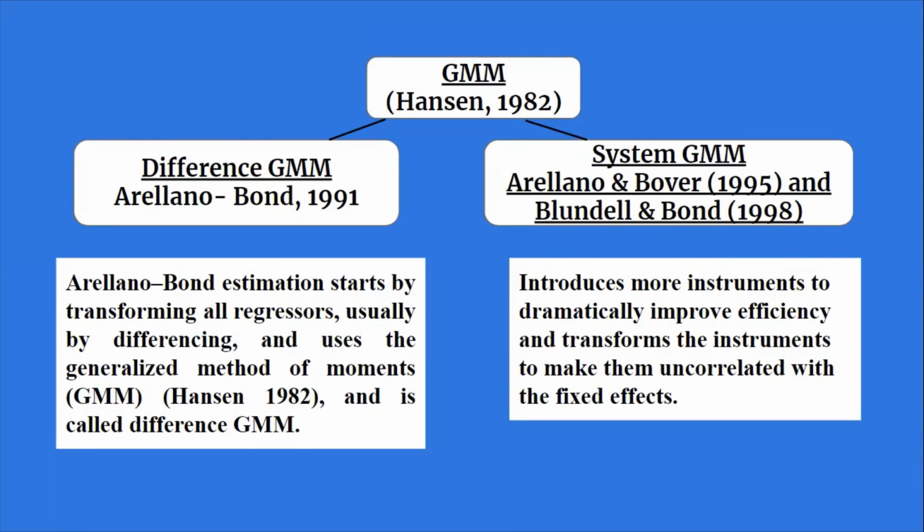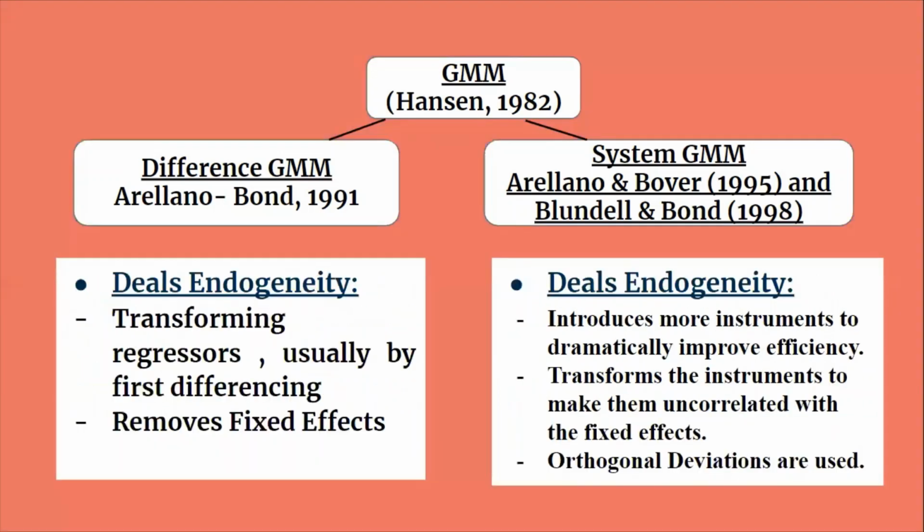The difference GMM model transforms all the regressors, usually by differencing, and hence it is called the first difference. The difference GMM deals with endogeneity by transforming all the regressors, usually by first differencing, and thus it also removes the fixed effects.